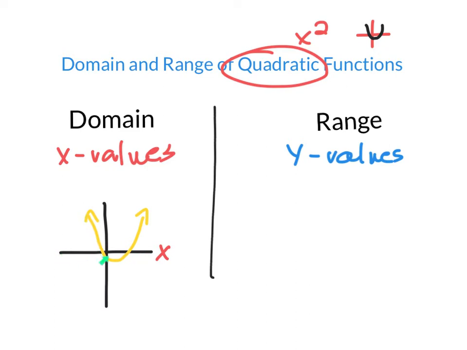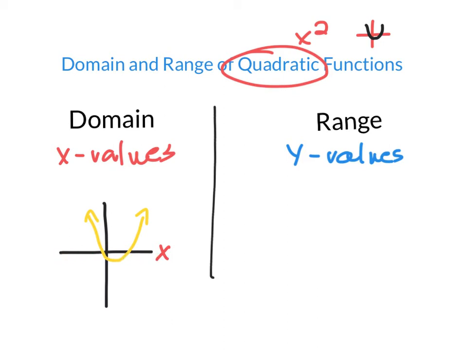Well, if you think about this U shape here, it's going to continue going left forever, and it's going to continue going to the right forever. So when we're looking at quadratic functions and we're talking about the domain, it's going to include all real numbers.